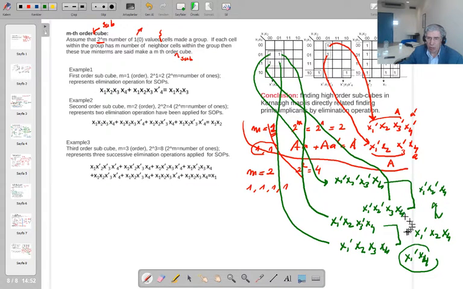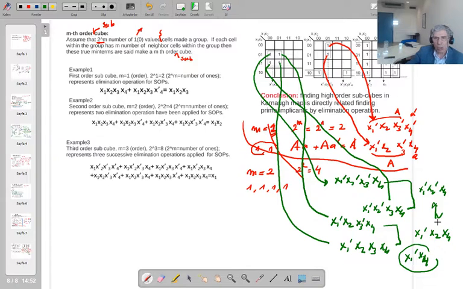So one operation and the second operation, the first operation x3 disappears, in the second operation x2 disappears. So there is a direct relation between the subcubes and the variable elimination operation.